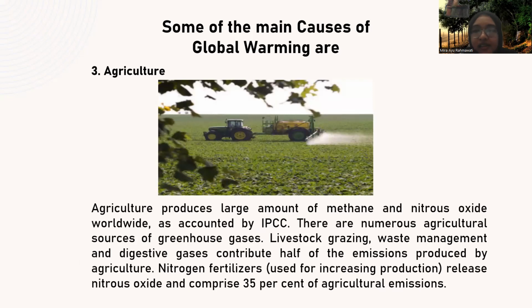Livestock grazing, waste management, and digestive gases contribute to all of the emissions produced by agriculture. Nitrogen fertilizer used for increasing production releases nitrous oxide and comprises 35% of agriculture emissions.